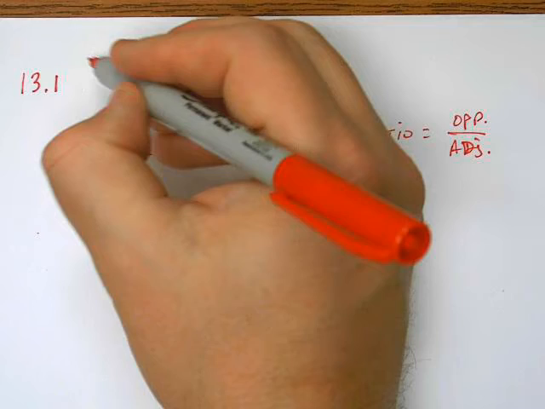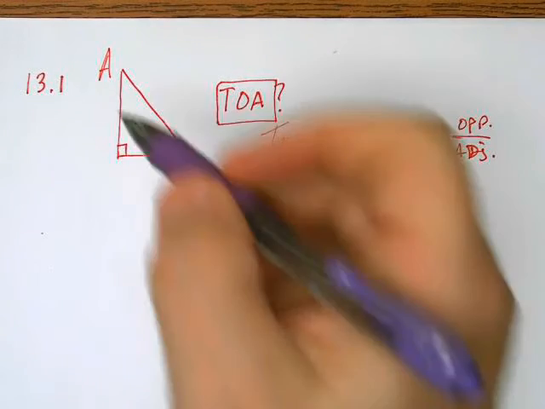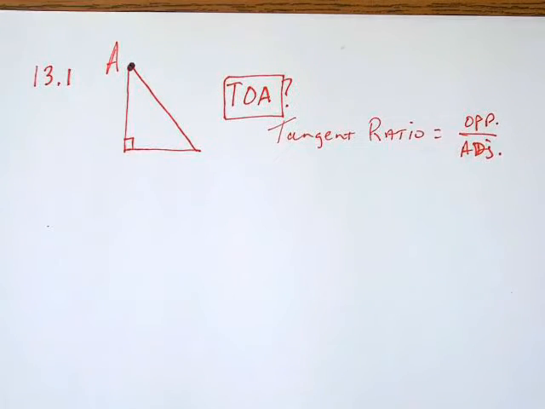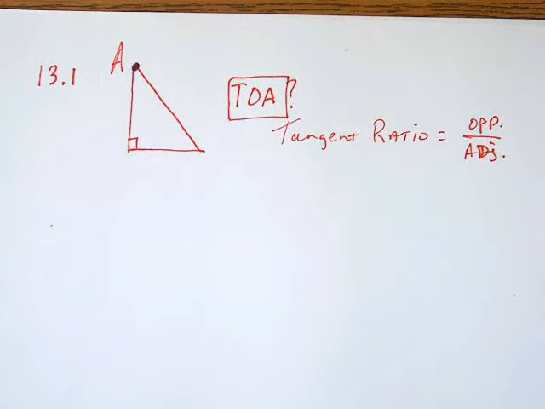So let's say we're dealing with this triangle that I've drawn up here, and I start with angle A. Okay, angle A. Which side's the opposite side? Right, the bottom right side.